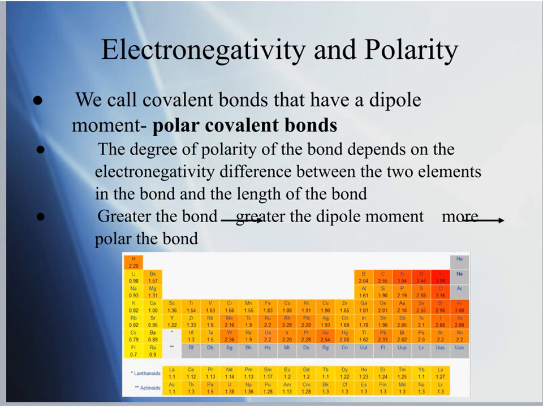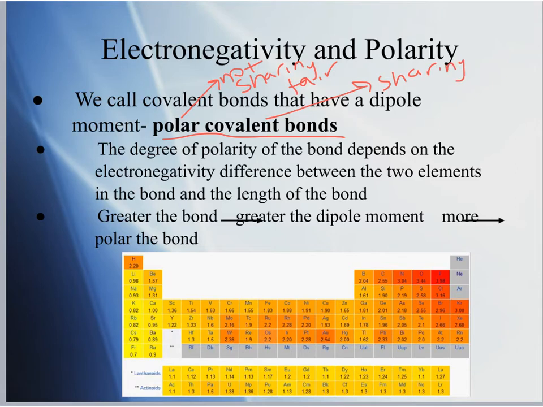So back in regular chem, you might remember us talking about polar versus nonpolar covalent bonds. So we call these covalent bonds that have a dipole moment, a slight positive end and a slight negative end, polar covalent bonds, right? So polar means they are not sharing fair, and covalent just means they're sharing.